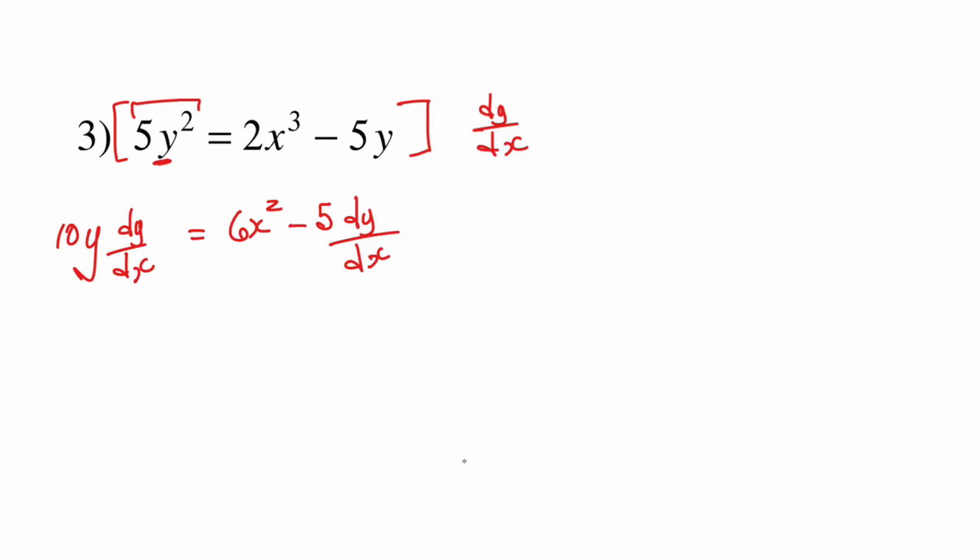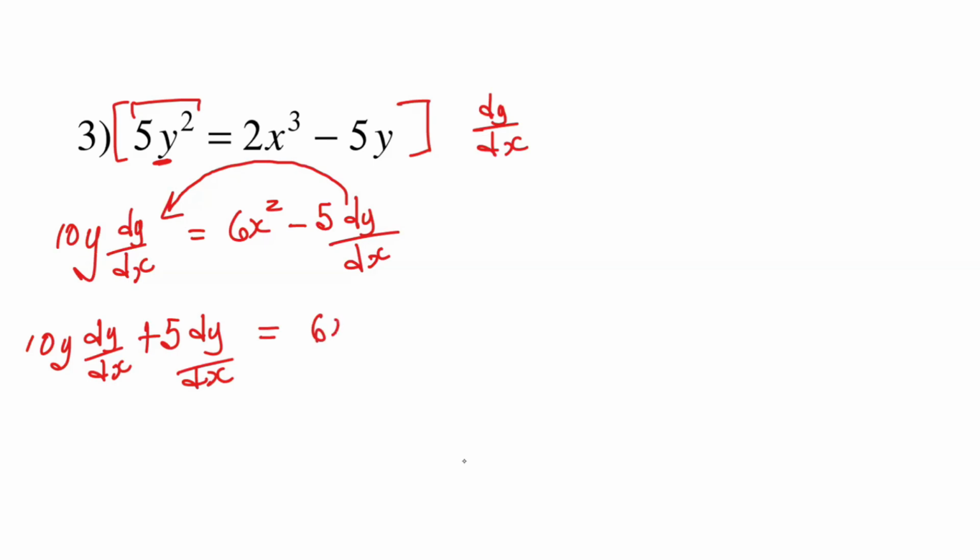Now, what I want to do is collect all my dy/dx in one place. So I'm going to migrate the negative 5 dy/dx to the left side. Let me rewrite to see what we have. We have 10y dy/dx, and then we're going to have positive, because the negative 5 would be a positive 5 dy/dx here. And this is equal to 6x to the second power.